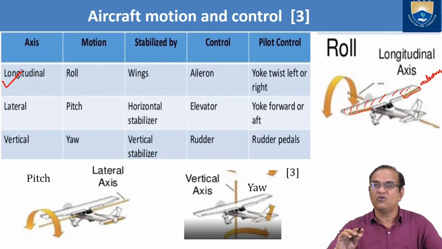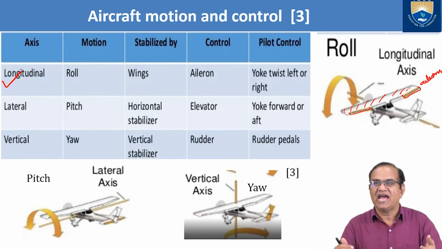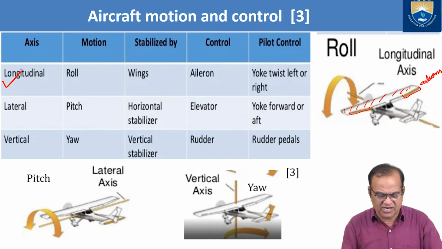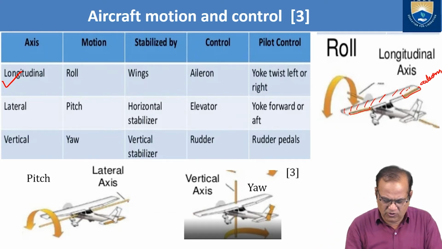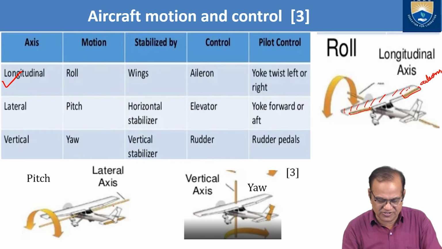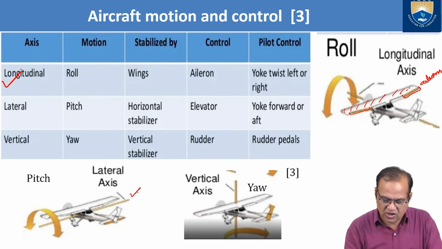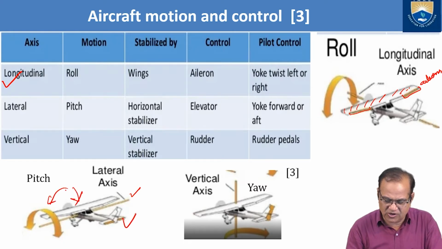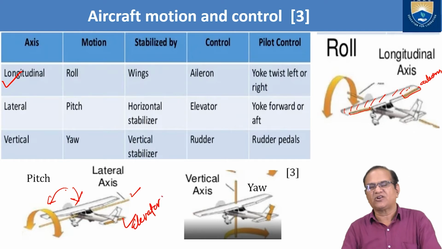This elevator will give you your pitching motion, and it is yoke forward or backward. You can see this in this diagram also. This is your lateral axis, and your nose will go either in this direction or this direction, and the control is called elevator. This control is used for this purpose.